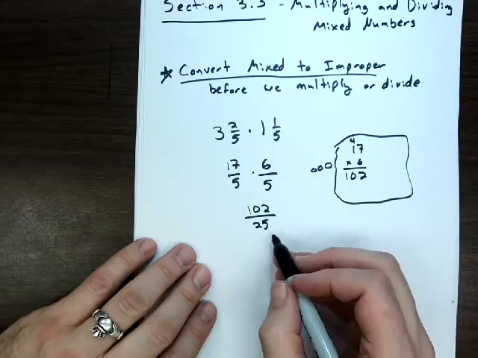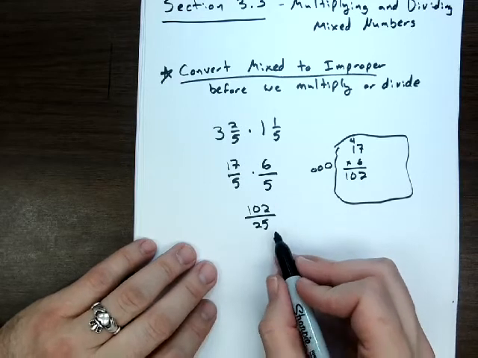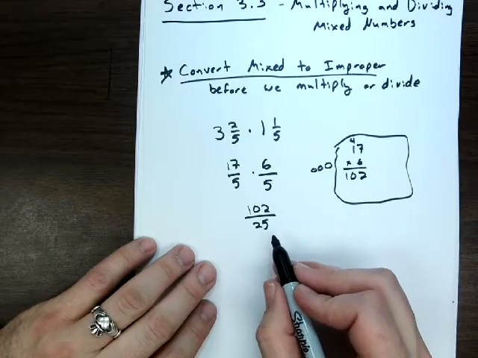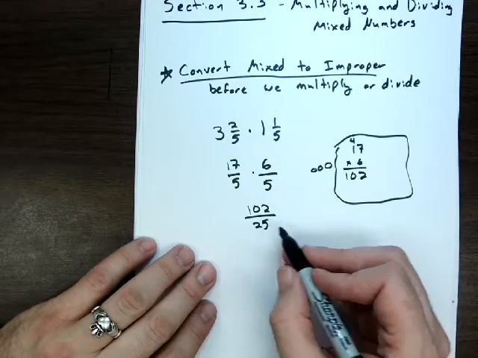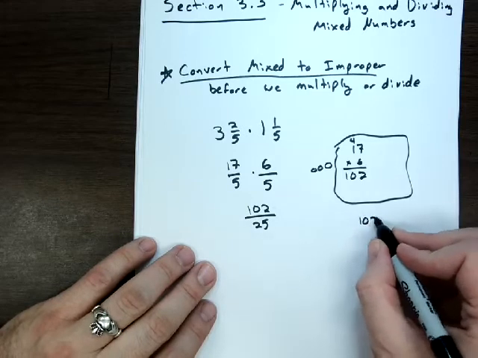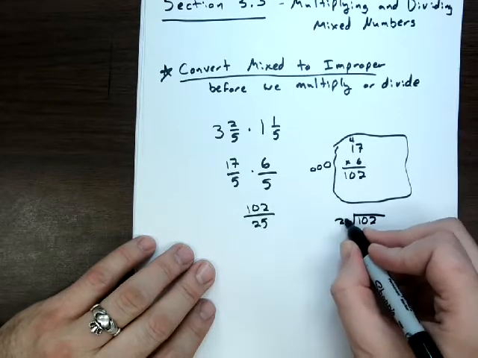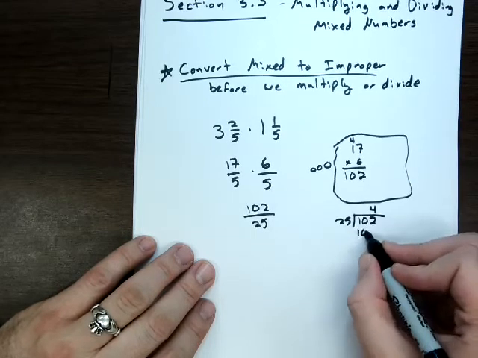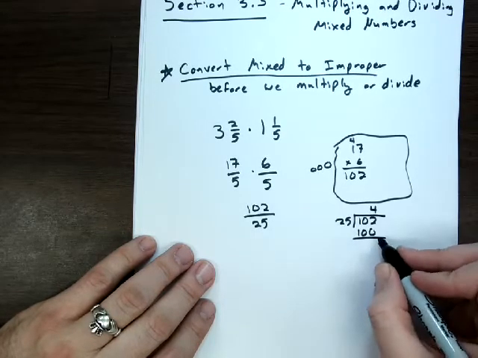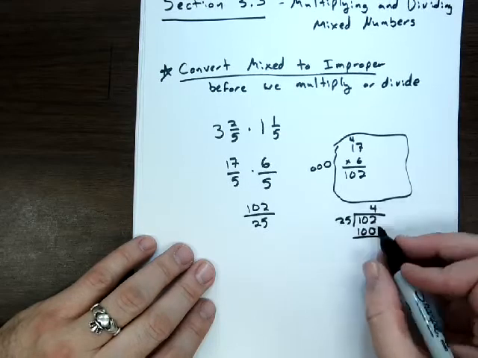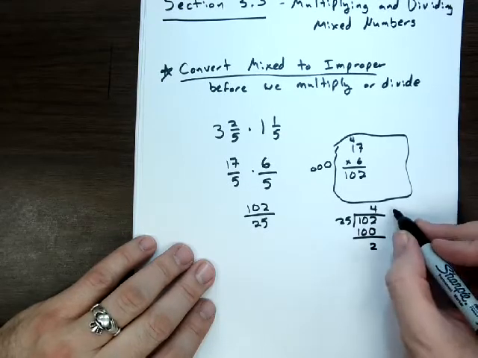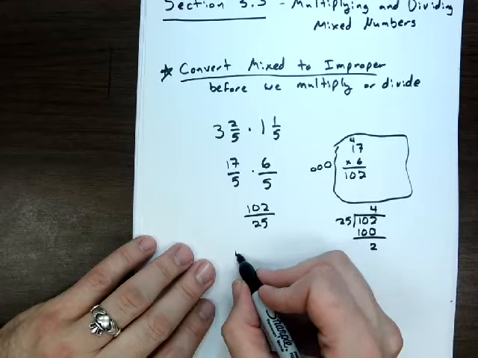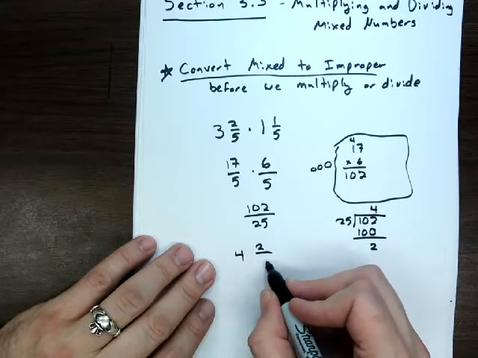So let's go ahead and convert this to a mixed number again. So we're going to take that 102 and divide it by 25. 25 goes into 102, looks like 4 times. 4 times 25 is 100, just like 4 quarters is $1. I've got 2 left over, so this is going to be 4 and 2/25ths.